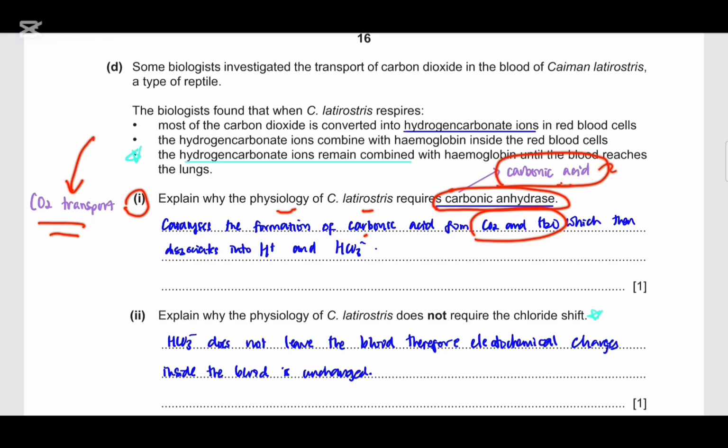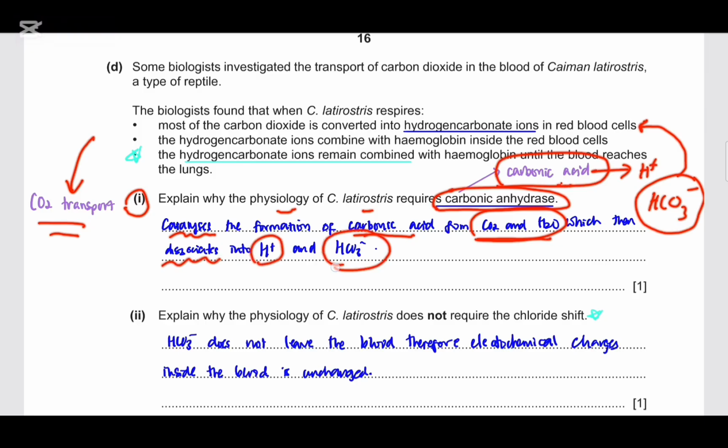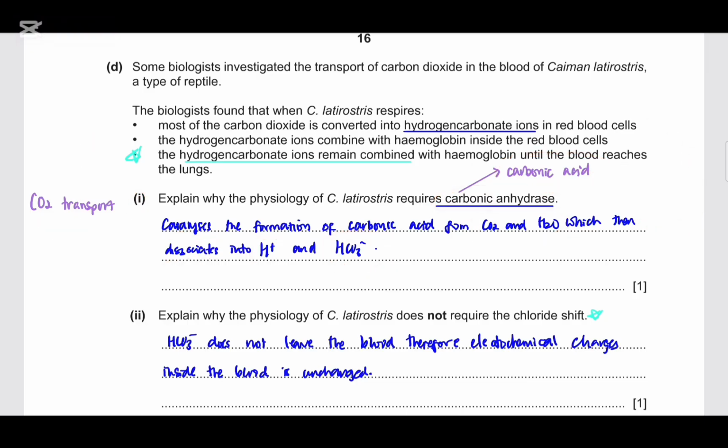Because after carbonic acid is formed, it will then dissociate into hydrogen ions and hydrogen carbonate ions, which is what is needed, mentioned here. So my answer is it catalyzes the formation of carbonic acid from carbon dioxide and water, which then dissociates into hydrogen ions and hydrogen carbonate ions. Because we know this species converts carbon dioxide into hydrogen carbonate ions.